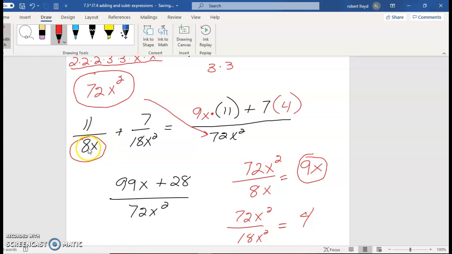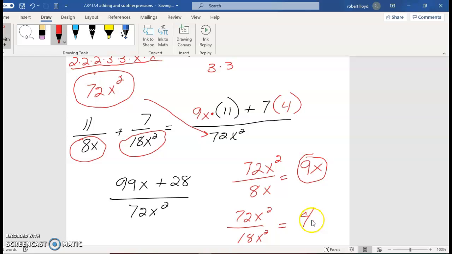So we take the 8x, divide that into 72x squared, and we get 9x. So we got 11 9x's. So we have to take the 11 times the 9x. Then we take the second denominator, divide it into the common denominator.